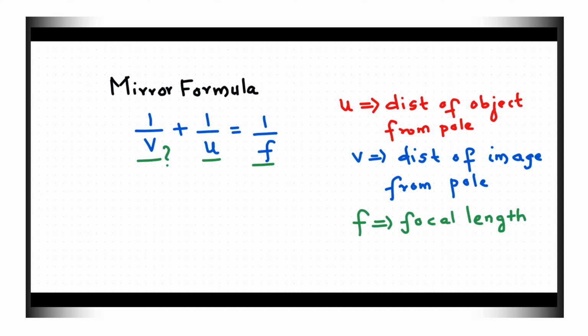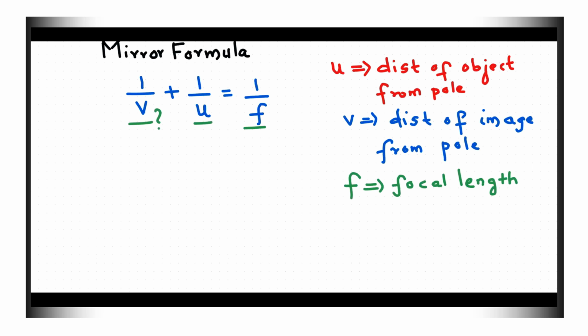Now, the second thing is magnification. Magnification means, suppose you have an object of 3 centimeter. After looking at it through the mirror, you saw the image as 9 centimeter.